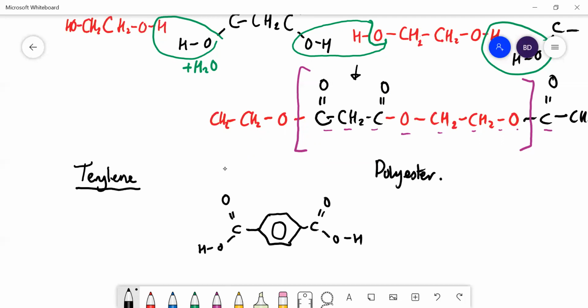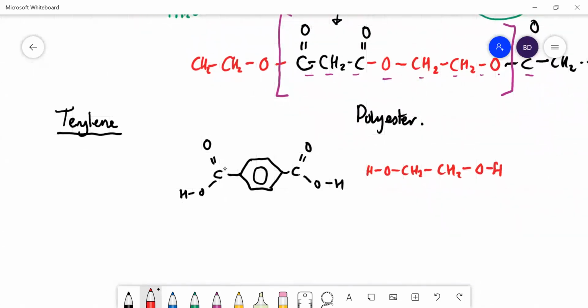And the same diol we've got up there, ethane 1,2-diol. Okay, so I'm just going to draw a repeating unit of it now, but I'll write down the name of that because it's worth remembering that name, benzene 1,4-dicarboxylic acid.